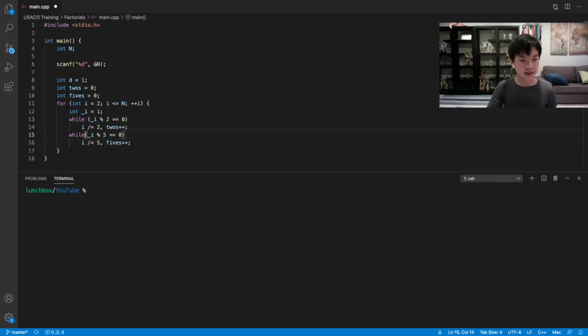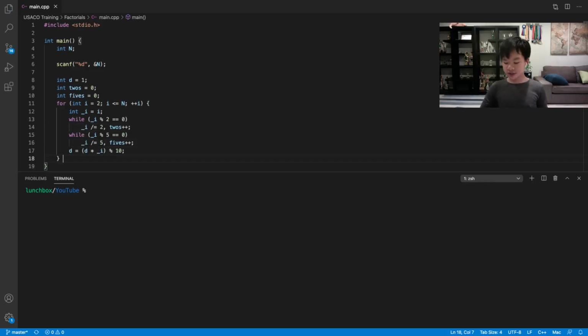Okay. So now we're ensured that when we multiply our resulting i and d, the last digit would remain non-negative. So then, we would update d equals d times i mod 10, and this should actually be i prime. Okay.